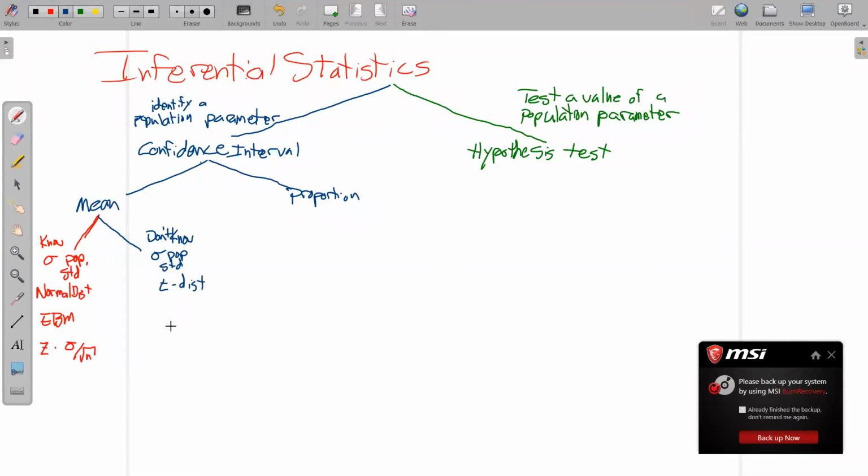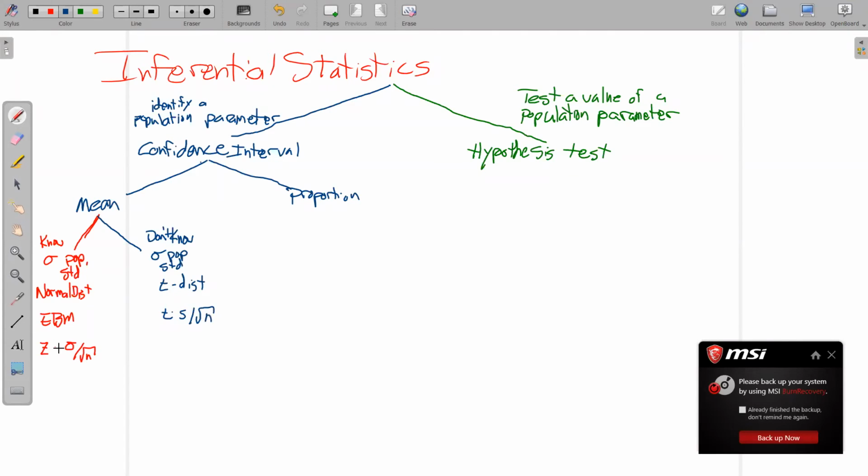The t is pretty similar. If we happen to not know the population standard deviation, then we have to calculate a t-score, and we'll look at how to do that in a moment. And since we don't know sigma, we have to use s, which is the sample standard deviation, and then divide by the square root of n.